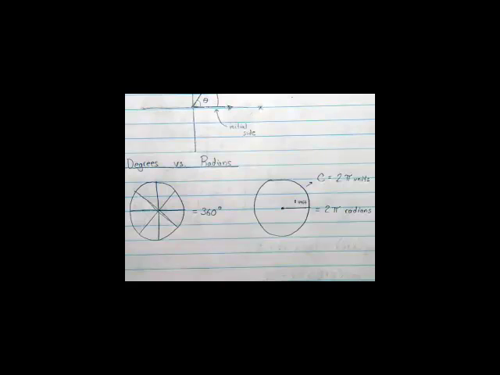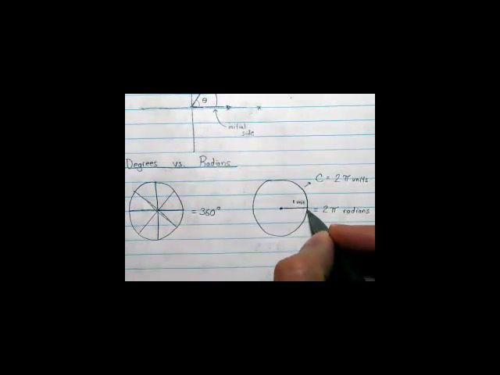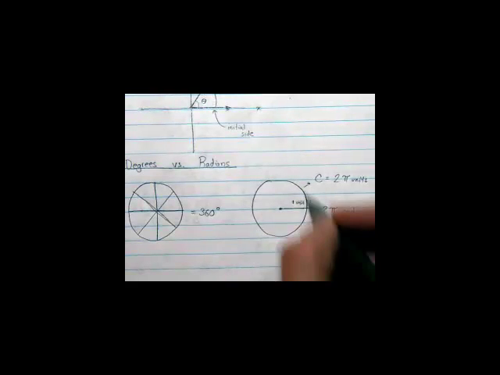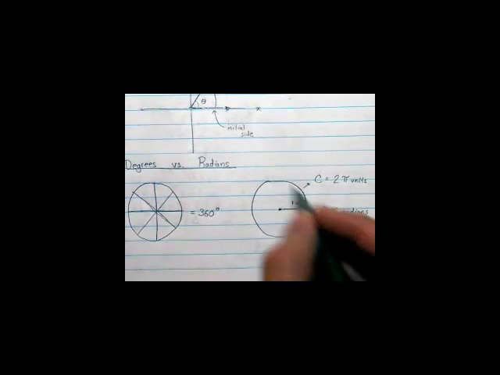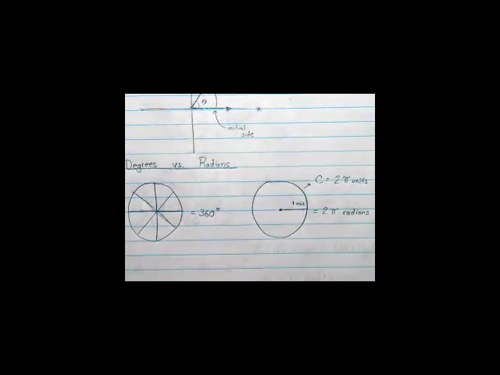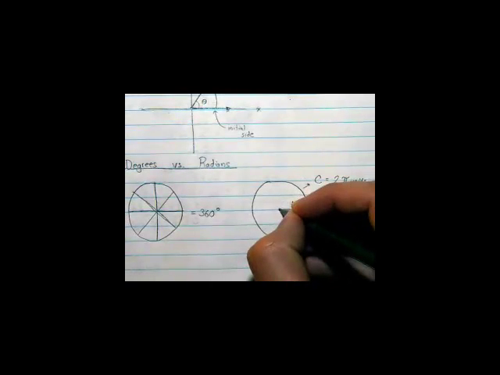And so the definition of a radian then is, since it takes 2 pi radians to go all the way around, and there are 2 pi units all the way around, 1 radian would be probably somewhere kind of like this.